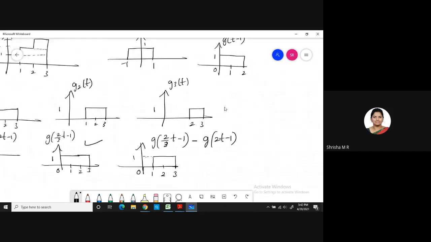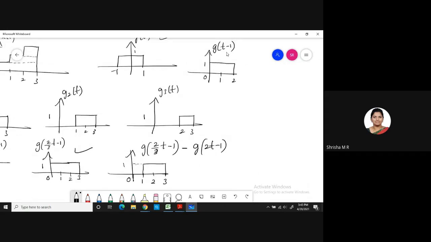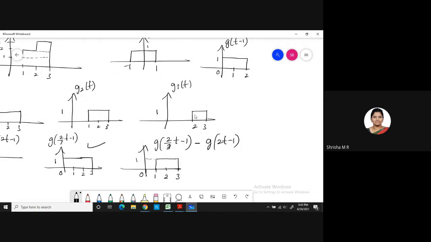Okay. So now we are thinking about g3 of t, that you can write. g of t minus 2 also you can write. And we are thinking about g3 of t. So how do you get this g3 of t? This minus this, correct. This waveform minus this waveform, you'll get g3 of t.